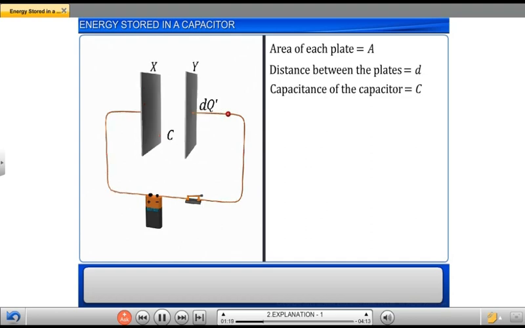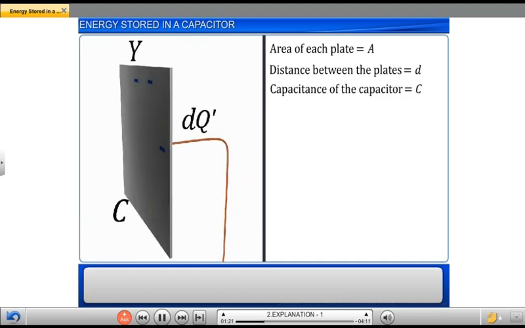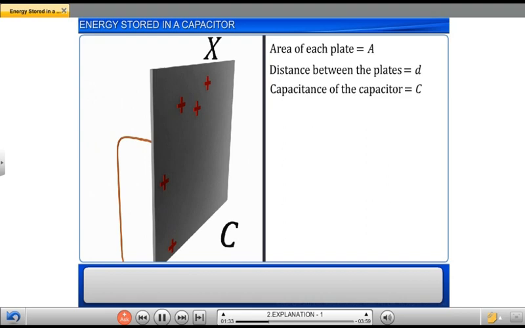In this process, we see that the plate Y is getting negatively charged due to the buildup of excess negative charge on it, and hence the plate Y is at a lower potential. Simultaneously, we see that the plate X is getting positively charged due to the buildup of excess positive charge on it, and hence the plate X is at a higher potential.